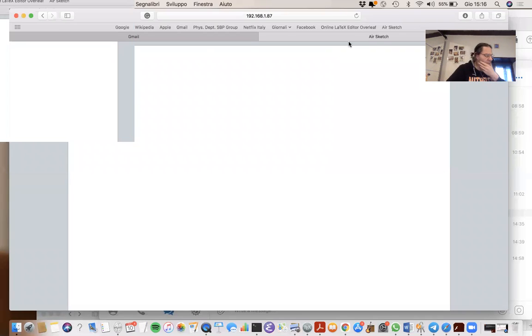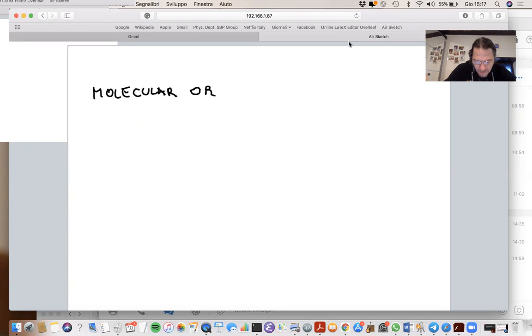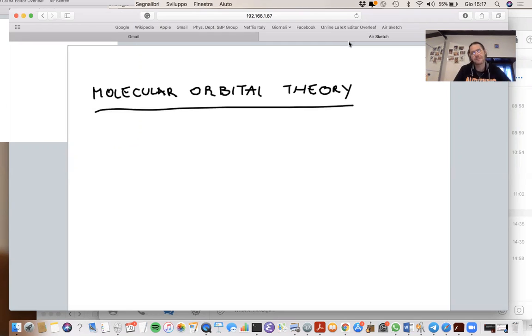Okay, a central concept here that we shall introduce in order to describe this is a seminal idea that goes under the name of molecular orbital theory. So what is molecular orbital theory?